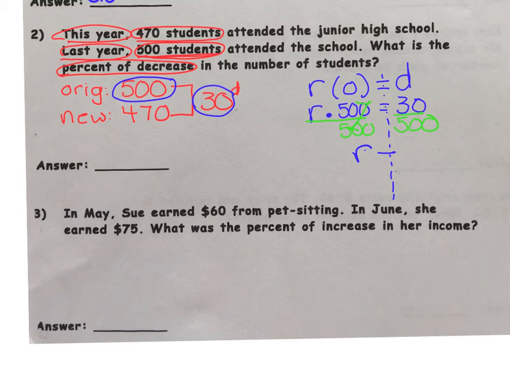We get a rate that equals, take a moment and punch in 30 divided by 500. You're going to get a decimal value on your calculator. You should have gotten 0.06. But remember, we have to take a moment and convert that to a percent. Multiply by 100, which moves the decimal 2 places. We end up getting 6%. There was a 6% decrease in the population.